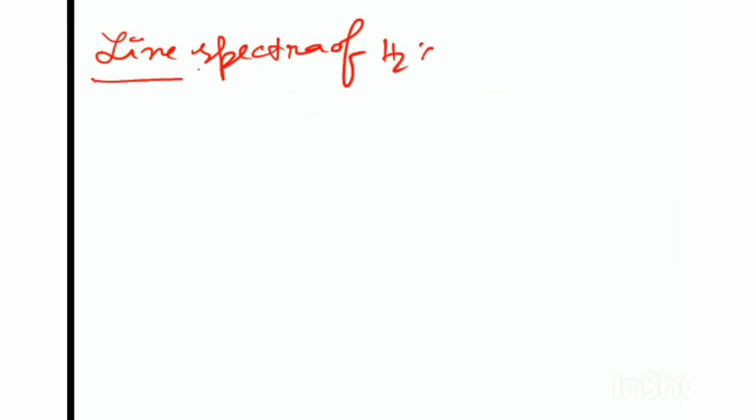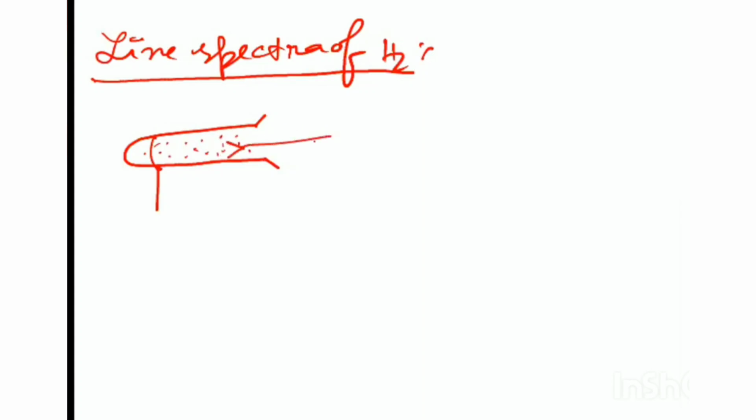Now we'll discuss the line spectra of hydrogen. What is the line spectra of hydrogen? That is, in a discharge tube, some hydrogen gas is present.